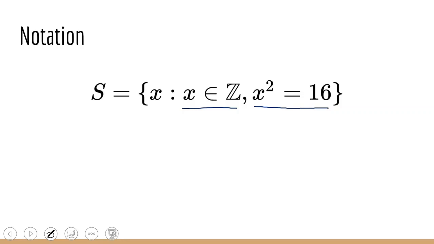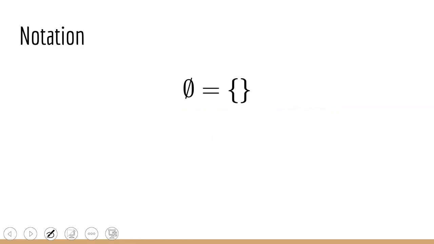Here we've listed out what properties the elements of S must have. In this case, S is a very small set with just the numbers 4 and -4. We can also have an empty set, which is represented with a circle with a strike through it.